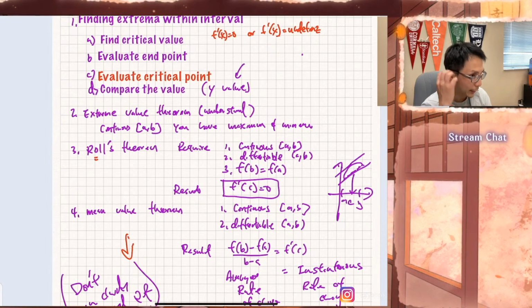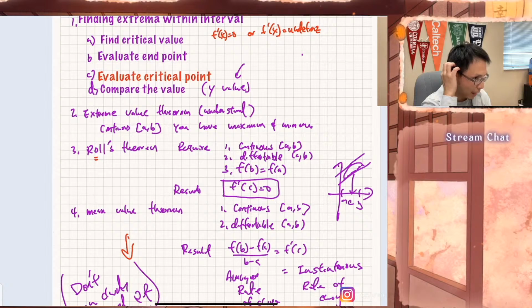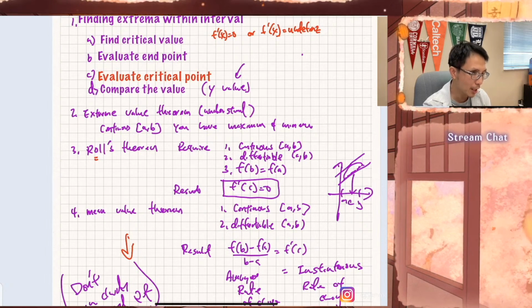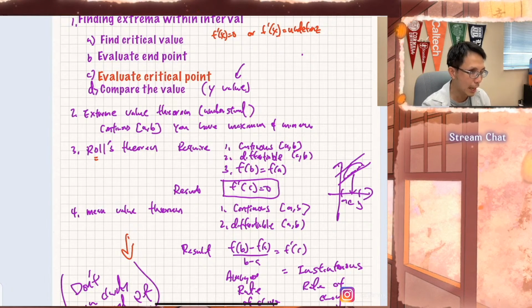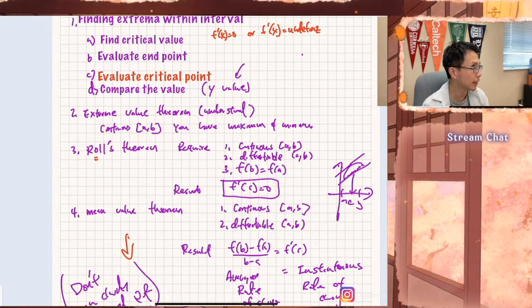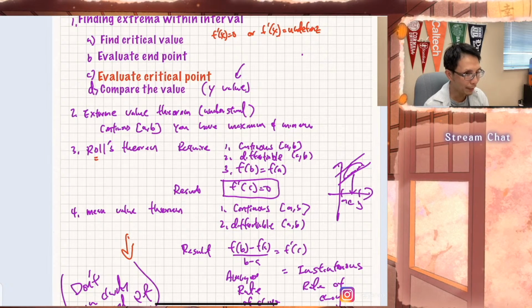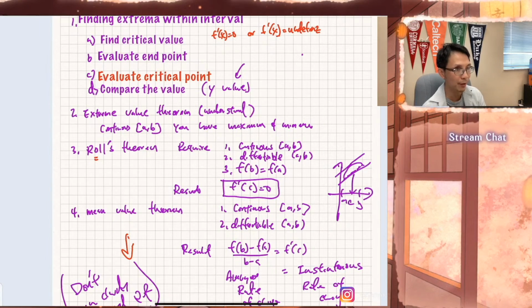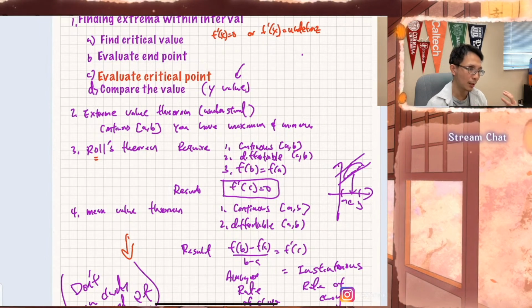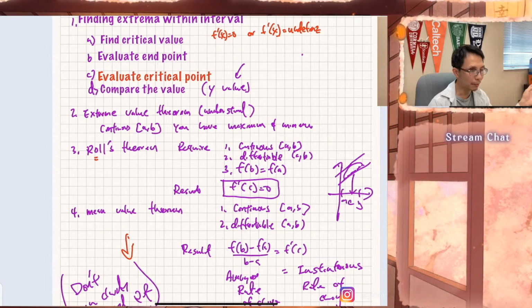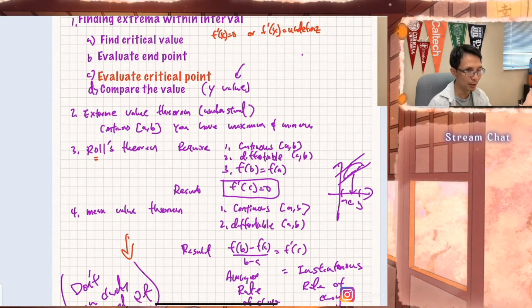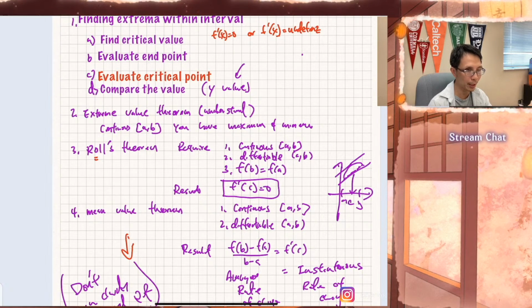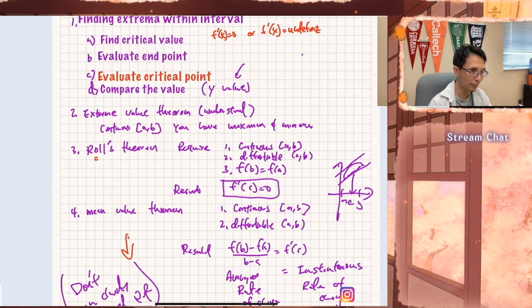I will find those c values, evaluate the critical points as well as endpoints, and compare using a t-chart which one is higher. The higher value gives you the absolute maximum, and the lowest value gives you the minimum. You don't need to do number line tests because that's an extra step for nothing. You just compare the endpoints and critical points and see what the outputs are.